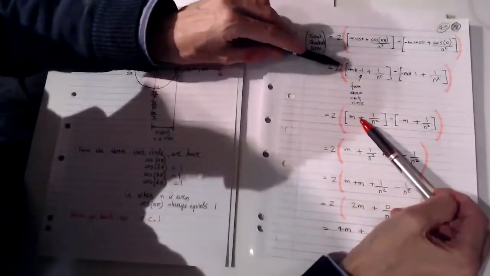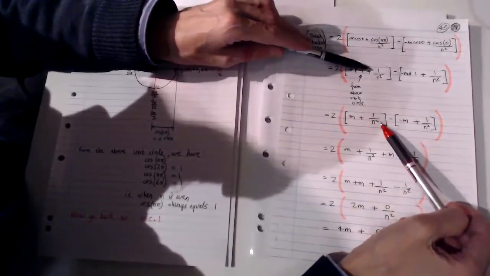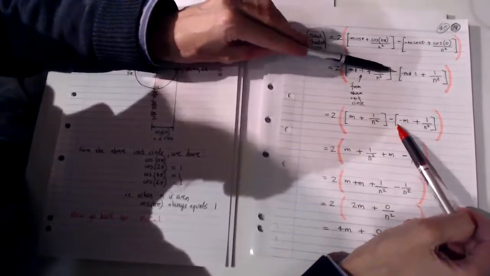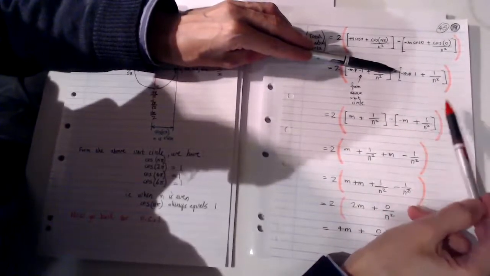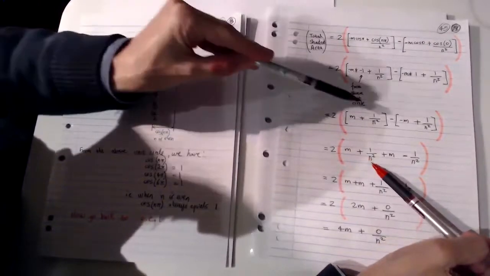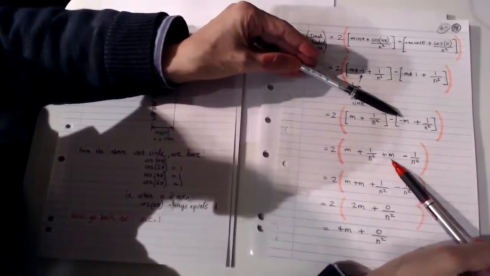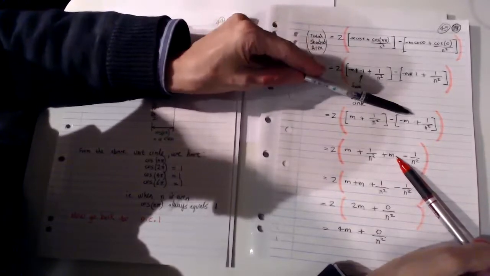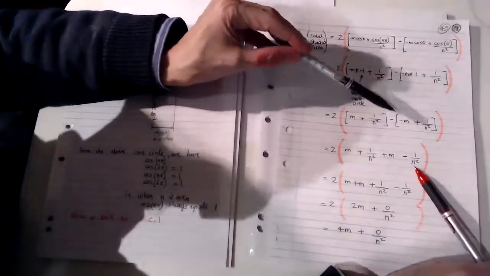Then we can clean that up by doing the following. 2 negative m times negative 1 is m, plus 1 on n squared, minus negative m times 1 is negative m, plus 1 on n squared. Then that comes out to 2 times m plus 1 on n squared, and then negative times negative is a positive m. Then negative times positive 1 on n squared is negative 1 on n squared.